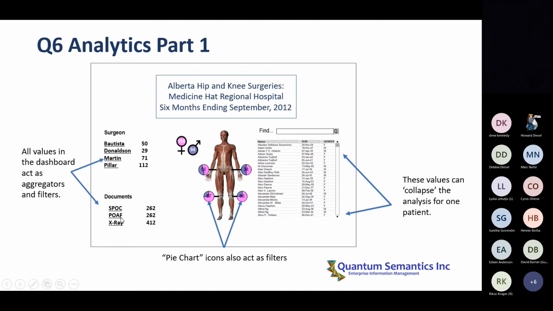The document type, these are all filters you can click on if you just want to see the pre-surgery consent forms. You can see those. These are all filters. You can actually look for individuals, so you can see some of those, and these pie charts also act as filters.